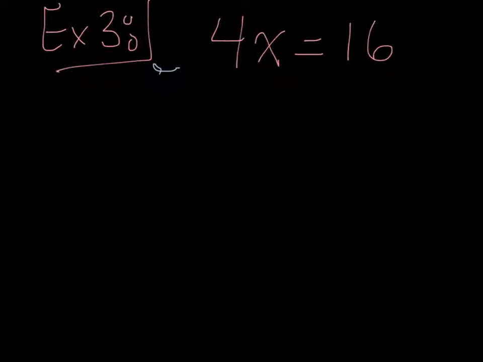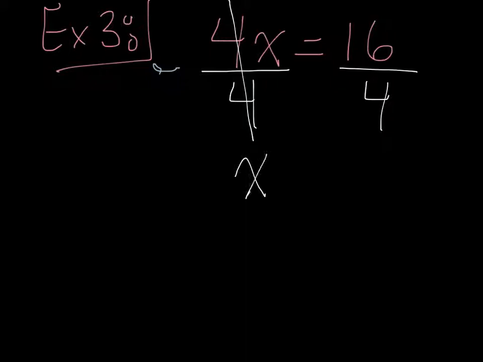So in order to get x by itself, I'm going to do the opposite, which is division. So I'm going to divide by 4. This time I'm not trying to get a 0. What I'm trying to do is make the coefficient 1. So by dividing by 4, I am going to get 1 there. So x is going to equal, forgot my river, 16 divided by 4 is 4.